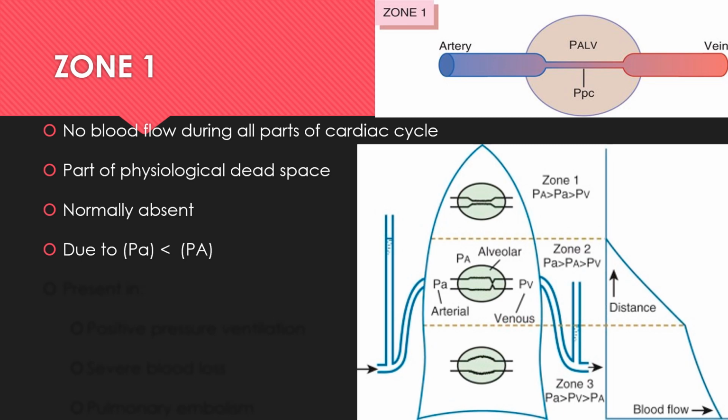Normally this does not exist, but in abnormal conditions, the pulmonary arterial pressure is either too low or there is an increase in the alveolar pressure.